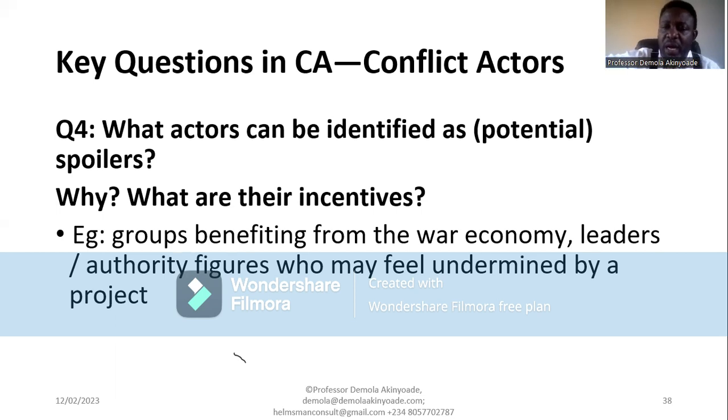Let me give you an example. You find out that a figure in the family of the wife, maybe the richest man, has so much authority that whatever he says is final. The husband and the wife, they want to reconcile. The parents-in-law, they want them reconciled.